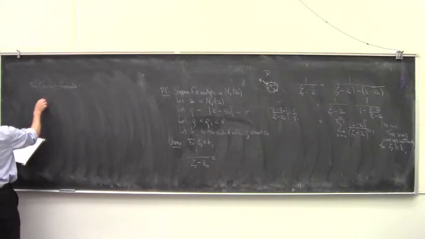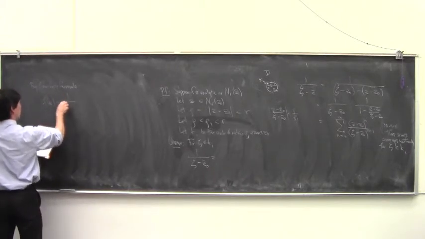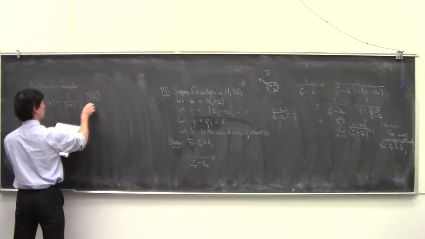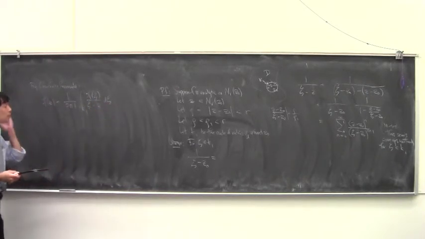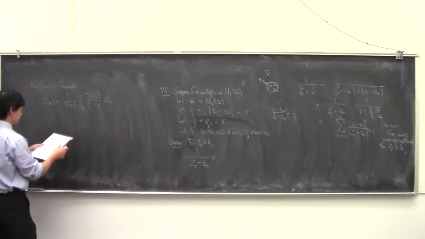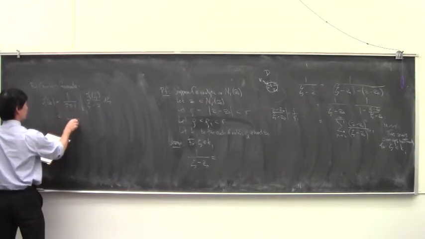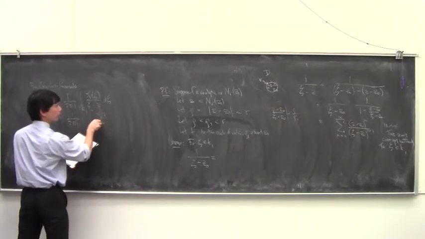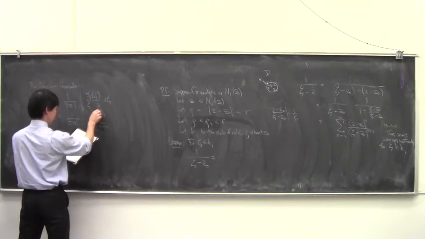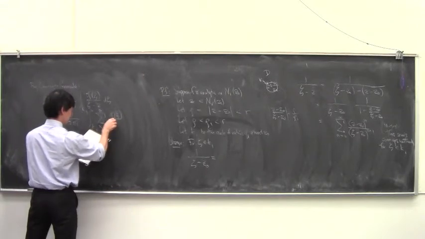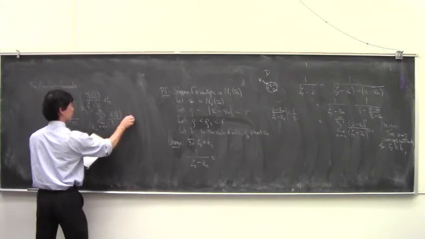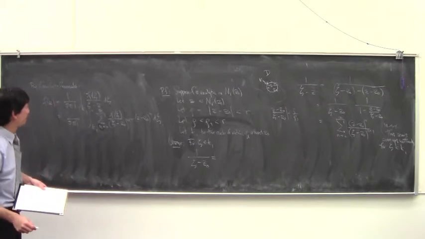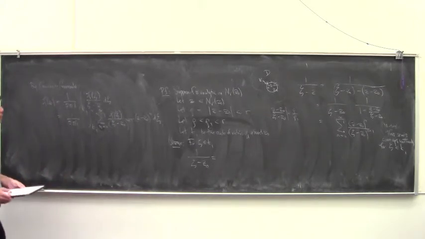You have that f of z is 1 over 2 pi i integral of f of zeta over zeta minus z, which, using the above, we rewrite as the summation, n from 0 to infinity, of f of zeta times (z minus z naught) to the n over (zeta minus z naught) to the n plus 1, d zeta.